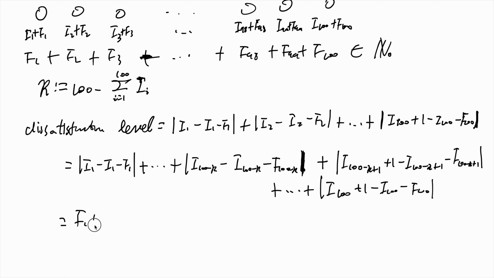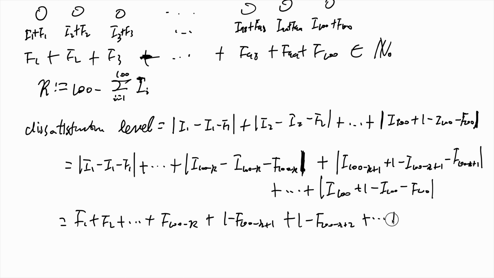We have f of 1 plus f of 2 plus dot dot dot plus. That's our first half, and the other half is plus 1 minus f of 100 minus r plus 1, plus 1 minus f of 100 minus r plus 2, plus dot dot dot plus 1.